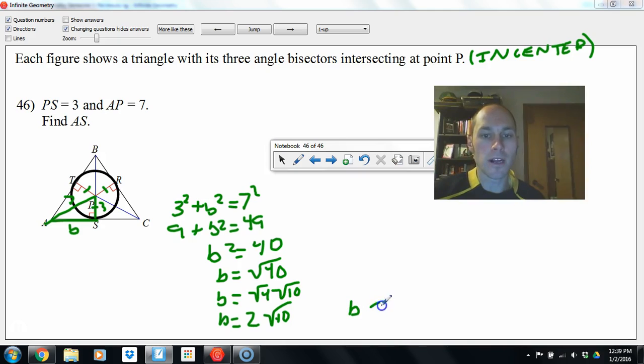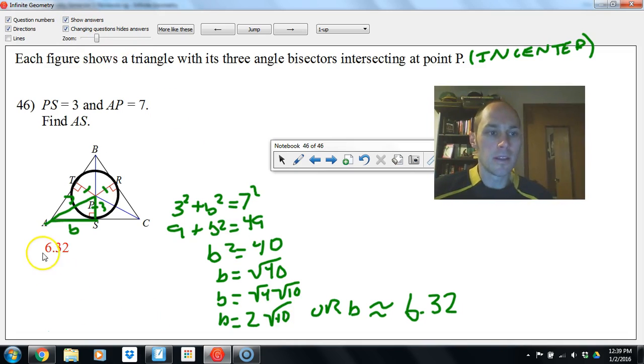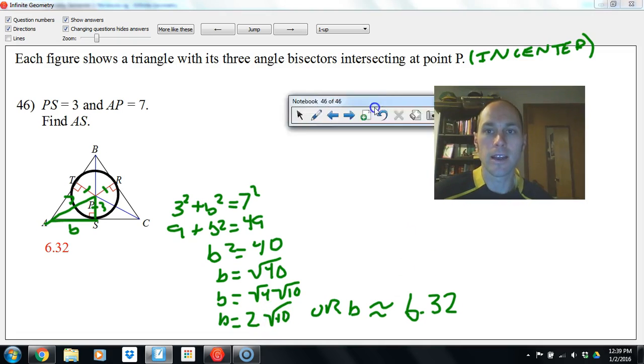Or if we wanted to approximate it, 2 times the square root of 10 is approximately 6.32 to the nearest hundredth. So either one would work as we go through that one. The answer key listed 6.32, but if you want to leave it exact as 2 times square root of 10, that would be all right.